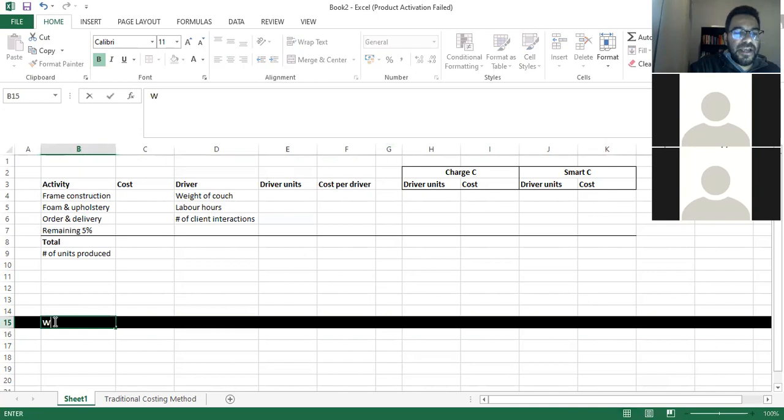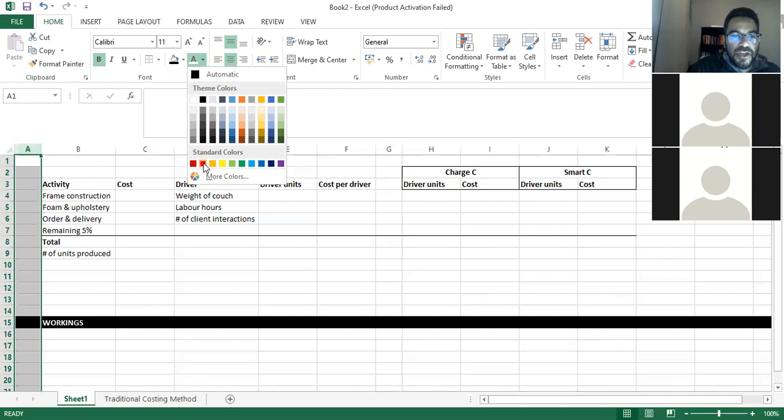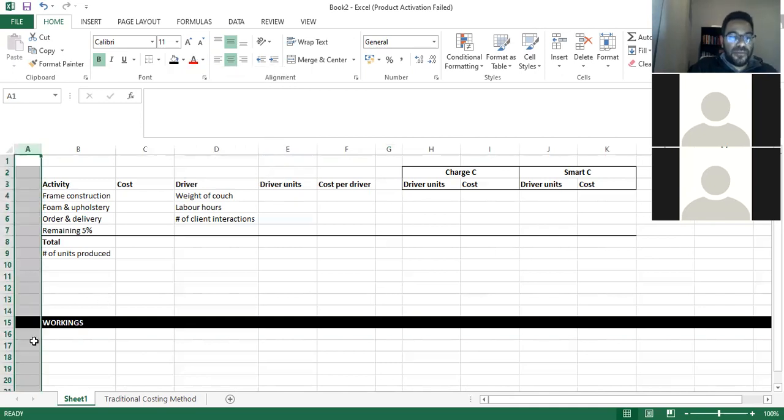So what you're going to see is that the work is not going to be difficult. It is just that you're going to have to ensure that you get your level of thinking up. Okay, so for working one, we want to work out fixed costs. So what are fixed costs?